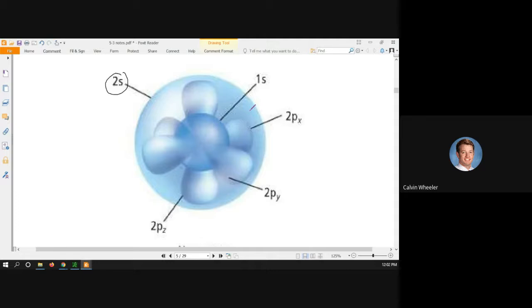Well, it's going to be the outermost electrons because they are the furthest from the nucleus. They're the most loosely held and the most likely to interact with an adjacent atom or molecule. And so the ones on the outside, the highest energy level, are the ones that we are the most concerned with. And when we describe the electrons in the atom, that's what we're describing, that last outer layer.